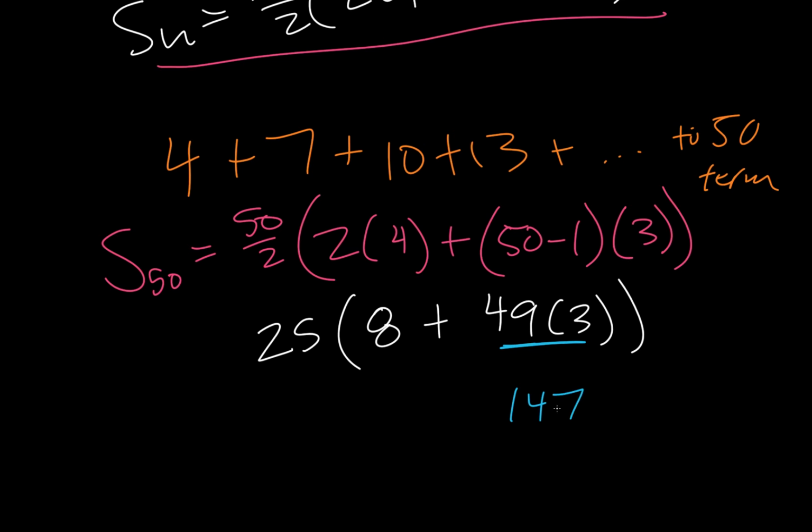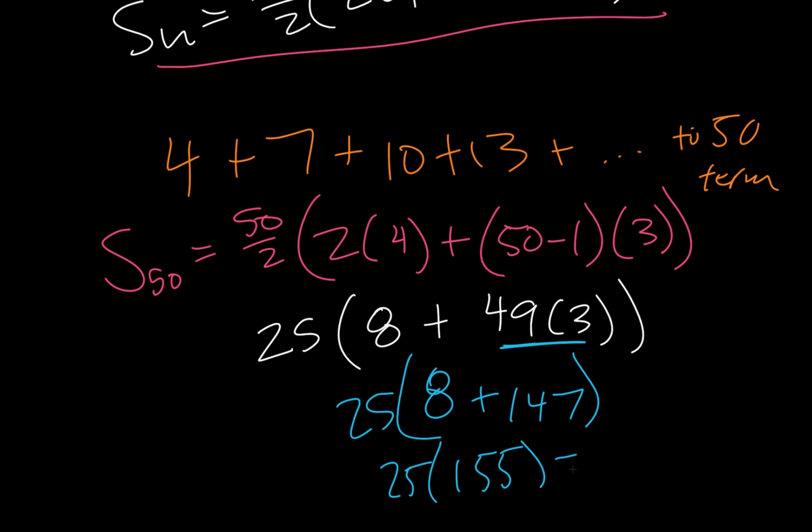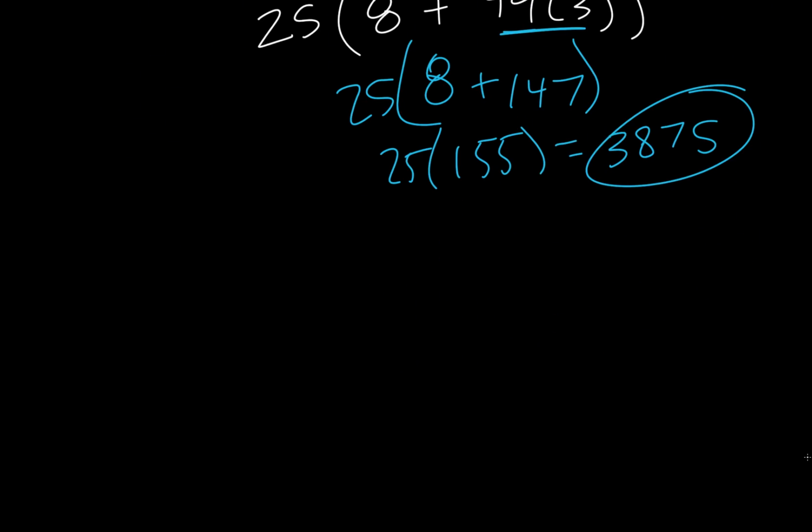So that's going to be 147. And then if we add 8 to that, that's going to be 155. And then if we multiply those together, we get 3,875. Feel free to use a calculator to aid in that simplification. But let's move on to the next one.